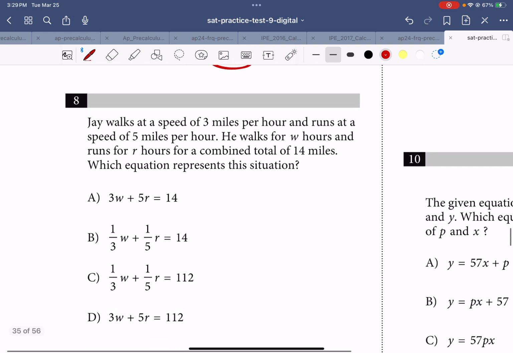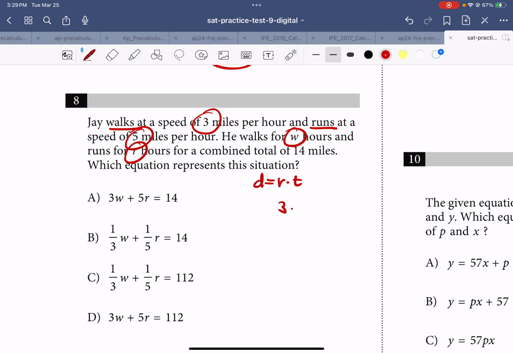Number 8, Jay walks at a speed of 3 miles per hour. So this one is walking, and then he runs a little faster, which is 5 miles per hour. And then he walks W hours and runs R hours for a combined total of 14 miles. So which equation represents this situation? So like I talked about before, distance is rate times time. So the walking rate is 3.